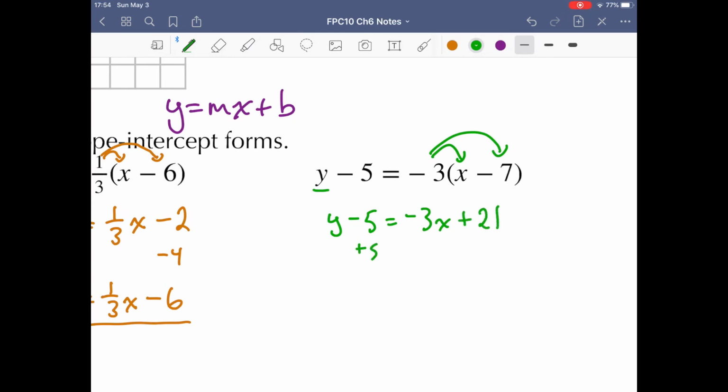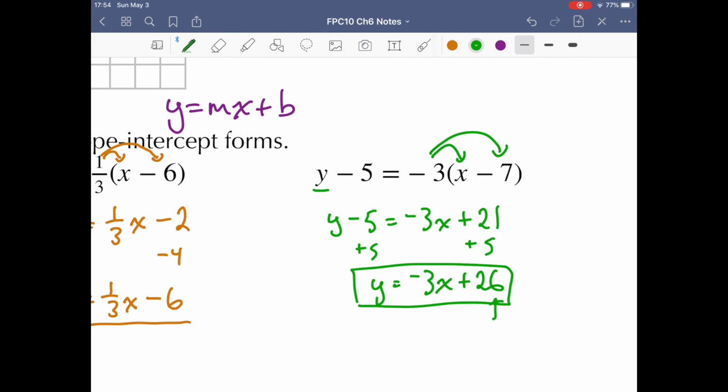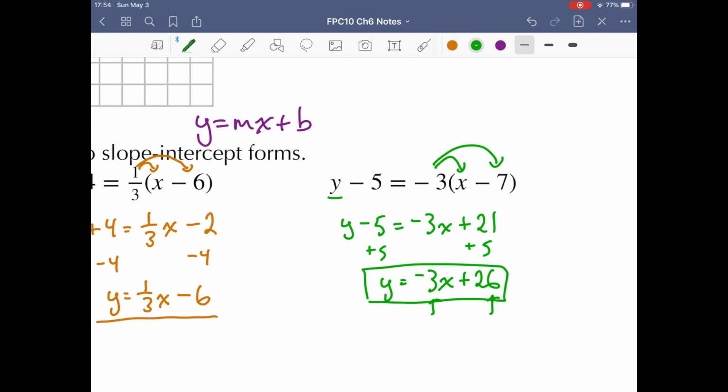Add 5 to both sides to get y is equal to negative 3x plus 26. Now you might be thinking to yourself, well, negative 3x plus 26 isn't hard to graph. I know my y-intercept. I know my slope. So why not just take every point slope form and turn it into y equals mx plus b form, slope-intercept form, and graph it?